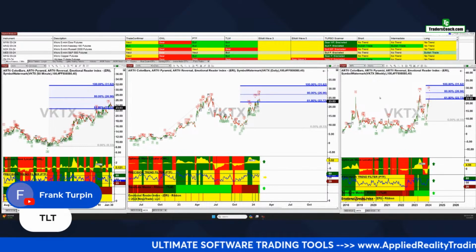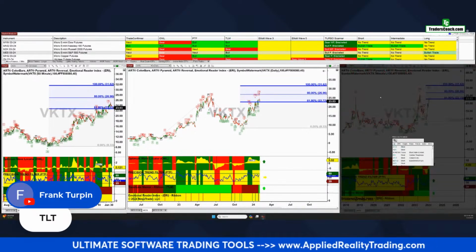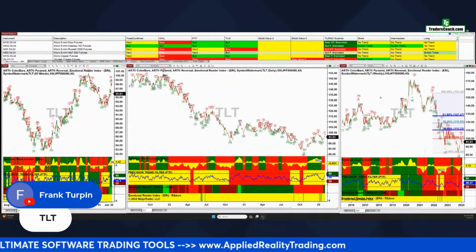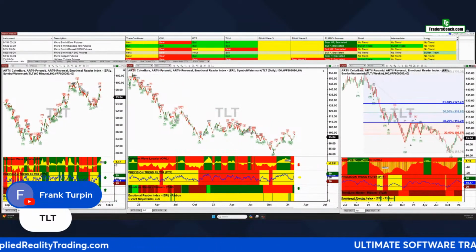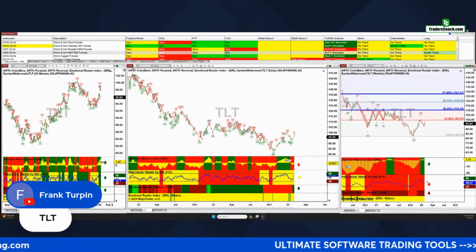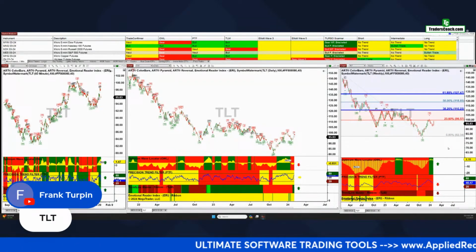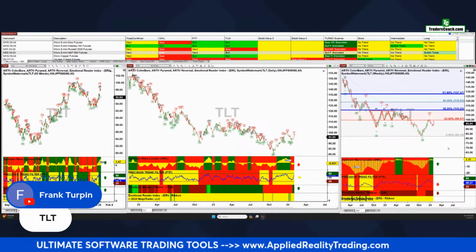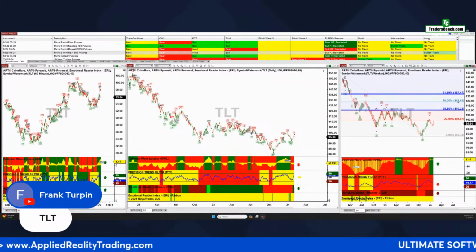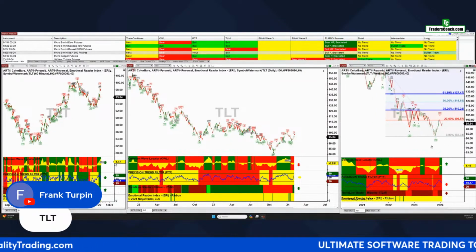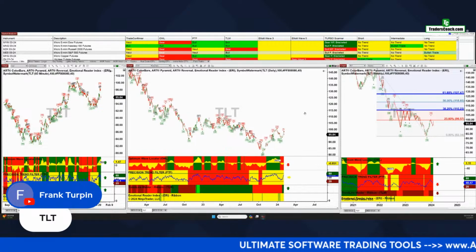All right, Frank, TLT. TLT is the ETF for bonds. It's starting to move up, but we've still got this pesky green, red PTF on the weekly chart, which is keeping me from going long. However, if you wanted to take a correction trade, it probably will get up to 110 to 127 before it falters again.